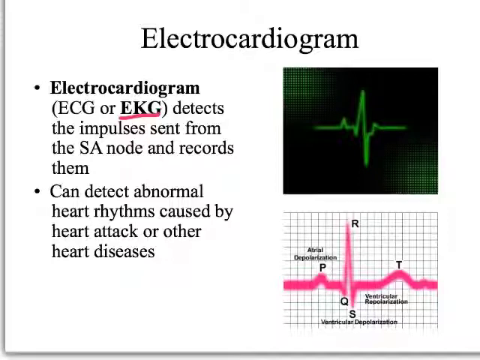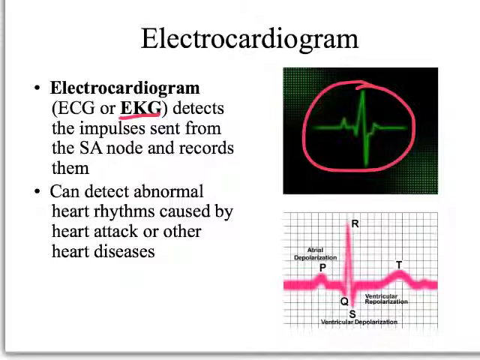Or if you've seen movies, those little beeps on the heart monitor that you see behind patients, it really exists. It's what we call an electrocardiogram, and it's able to detect abnormal heart rhythms caused by either a heart attack or other heart disease.